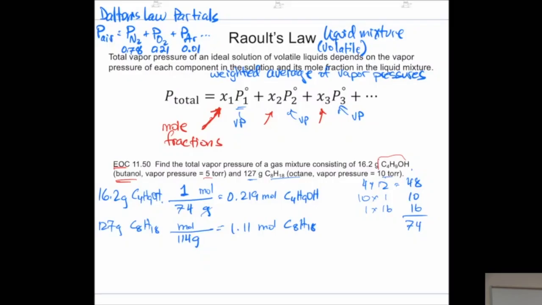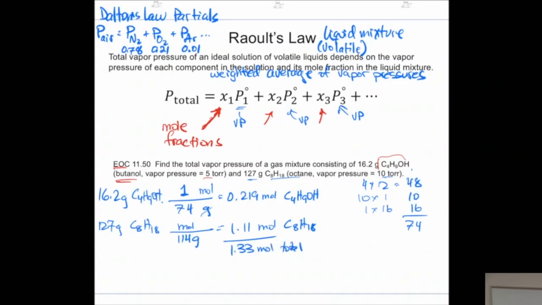We know how many moles of each material we have. How do we get the mole fraction? We need to find out what the total is, and then what's the fraction of that total coming from this and the fraction coming from that. So we need to total these up. That's about 1.33 moles total.